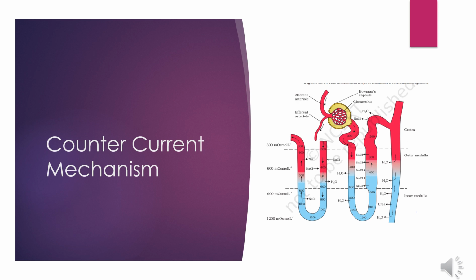The proximity between the loop of Henle and the vasa recta as well as the counter current in them helps in maintaining and increasing osmolarity towards the inner medullary interstitial fluid, that is from 300 milliosmol per liter in the cortex to about 1200 milliosmol per liter in the inner medulla. This gradient is mainly caused by sodium chloride and urea.